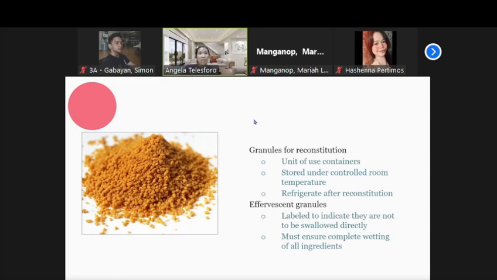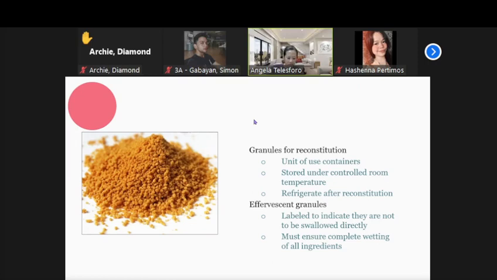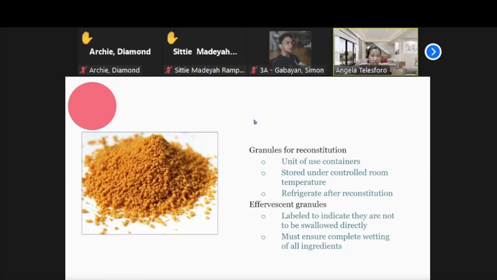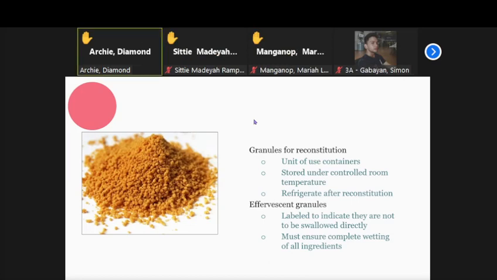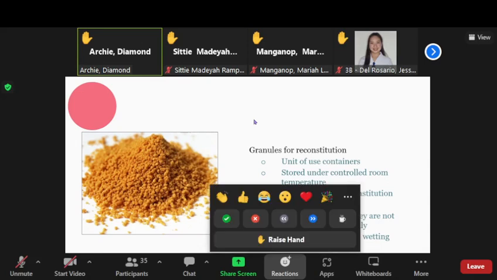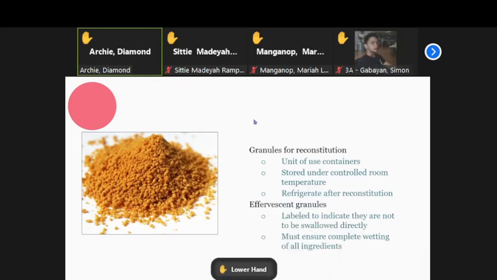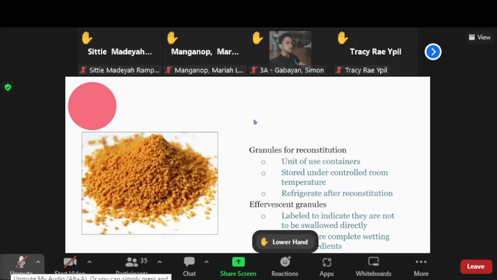What does effervescence do to our drug product? Yes? To mask the taste, ma'am. Yes, mask the taste. The active ingredients are bitter. Even when it is mixed, it is still bitter, so effervescence helps. Right? Yes, that's it, but why do we make it into effervescent?